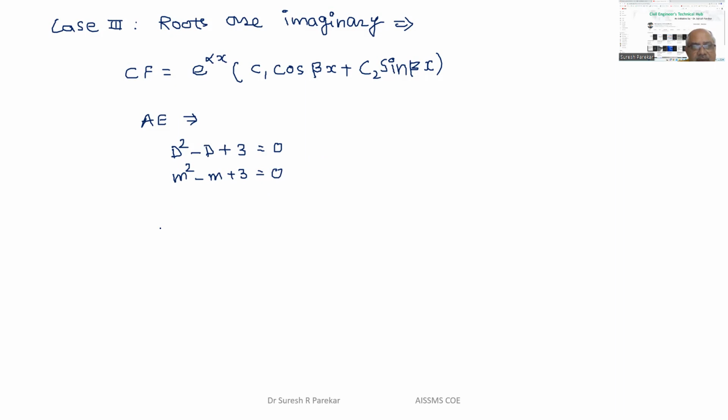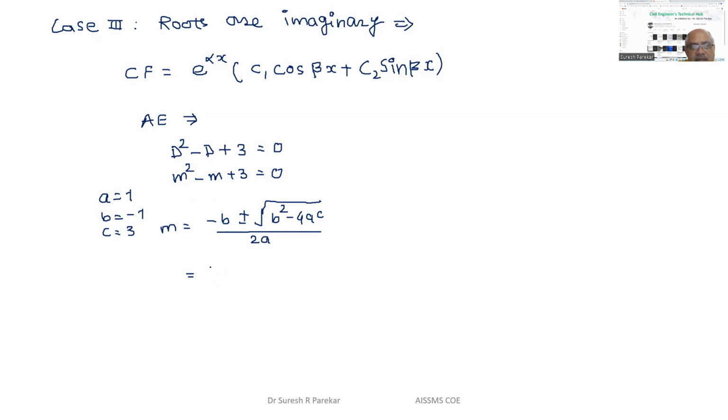Then from this I will get m equal to minus b plus minus root of b square minus 4ac upon 2a. Here a is the coefficient of m square, that is 1. b is the coefficient of m, which is minus 1. And c is the constant, 3.